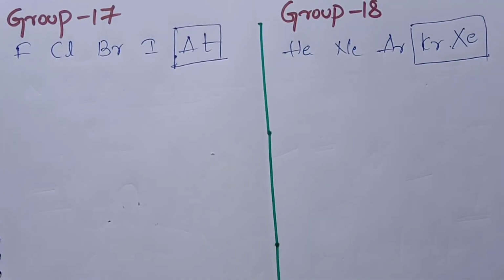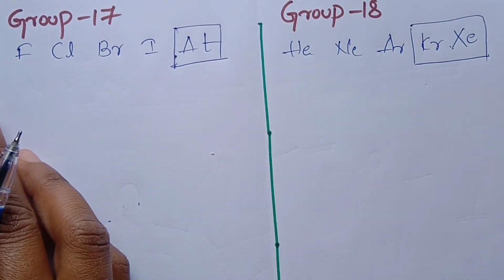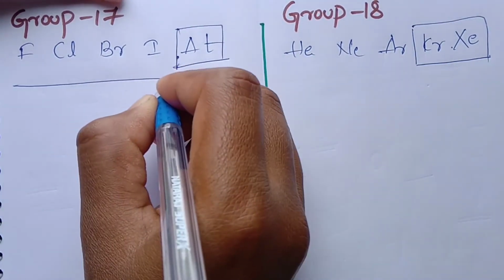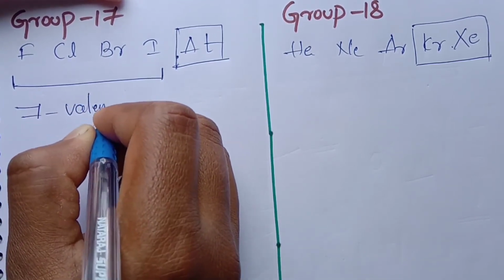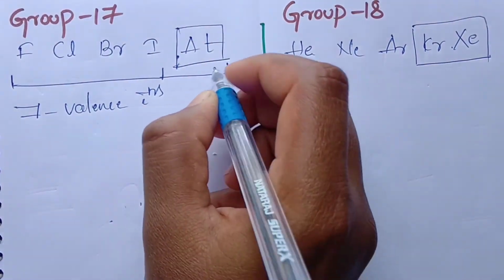Okay, now we learn group 17 elements and group 18 elements. These elements have 7 valence electrons. All are having 7 valence electrons.